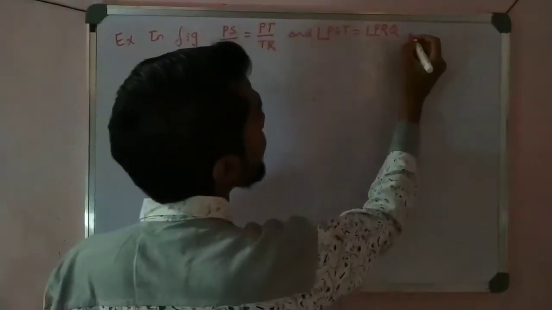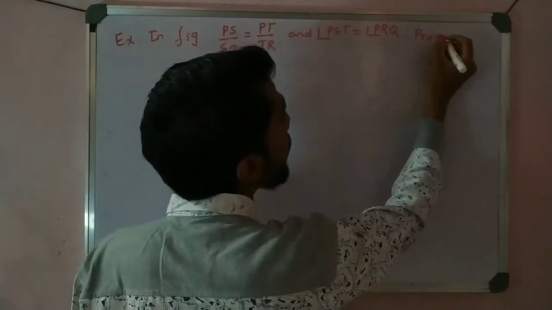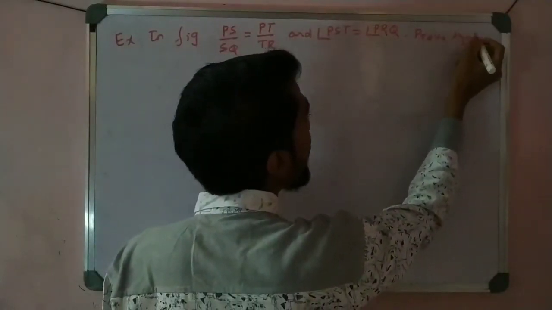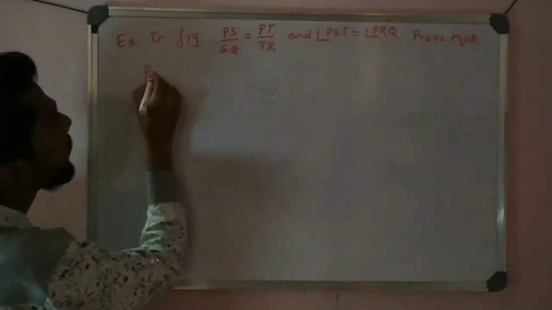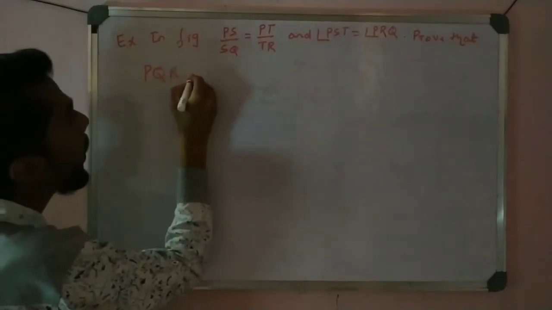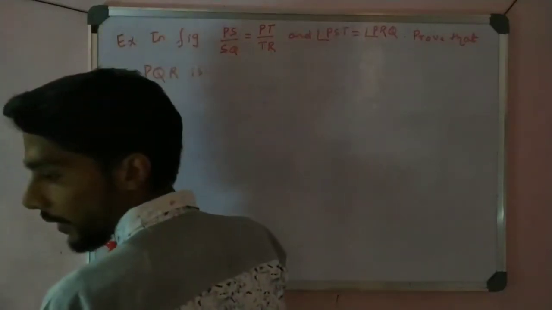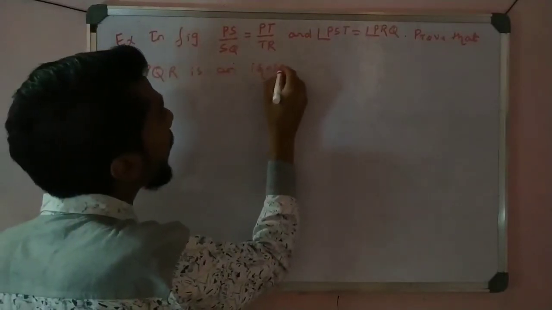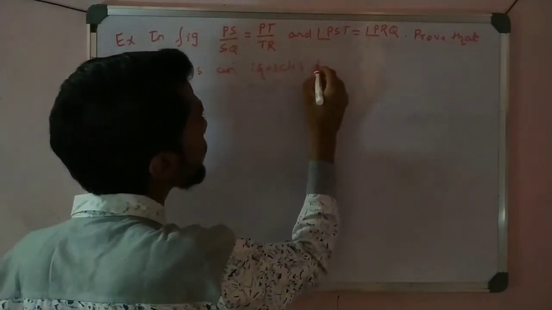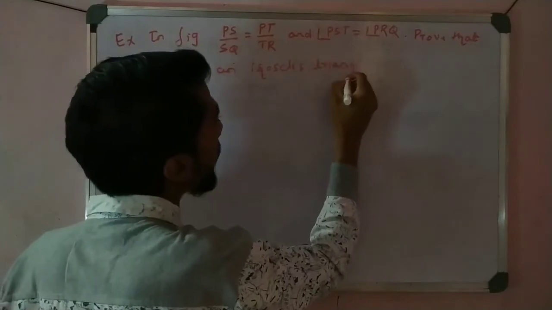Prove that triangle PQR is an isosceles triangle. See, the diagram is given.